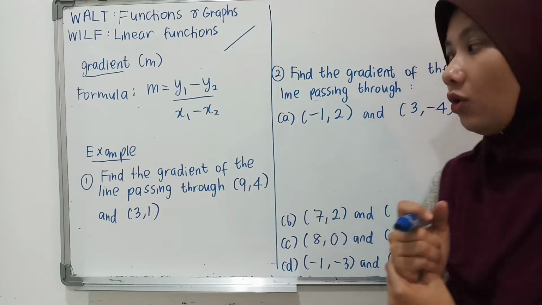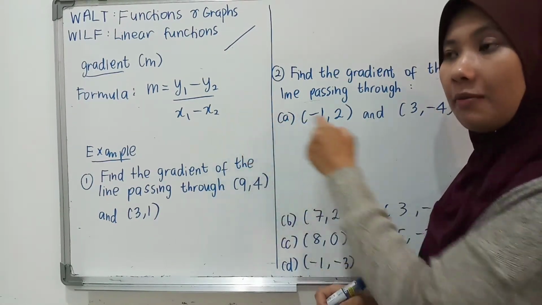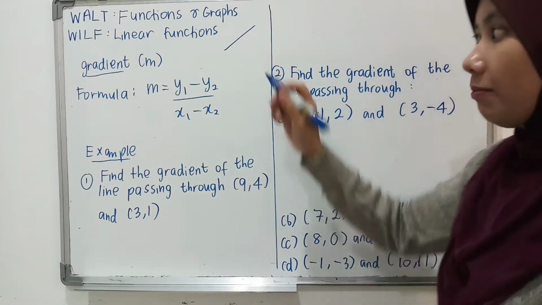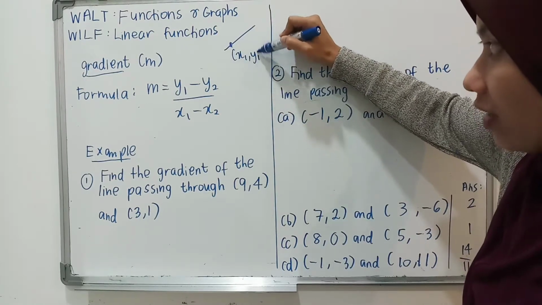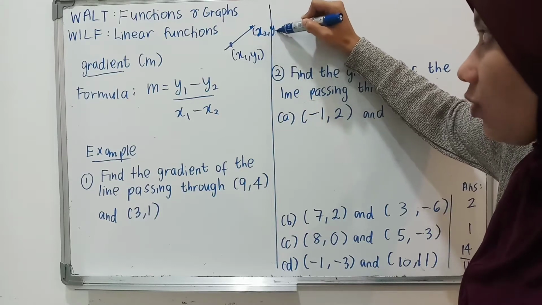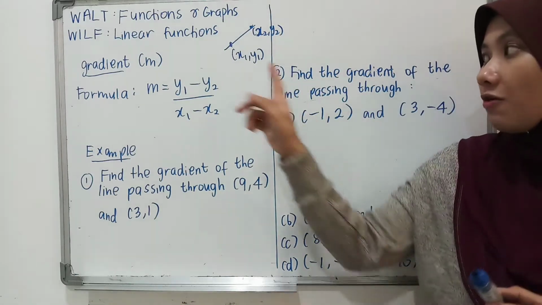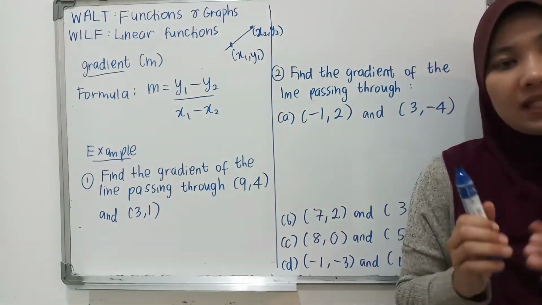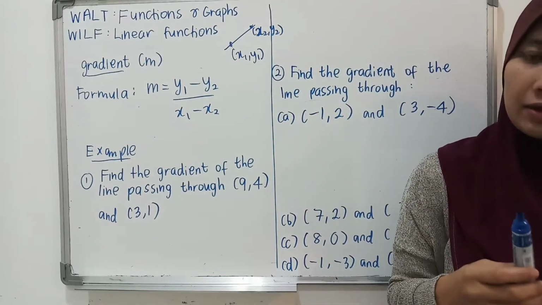According to the formula here, we need to have two pairs of coordinates. I need to have my x1, y1, and then another x2 and y2. Remember, coordinates must be in terms of x and y. x1 simply means the first x, y1 simply means the first y.